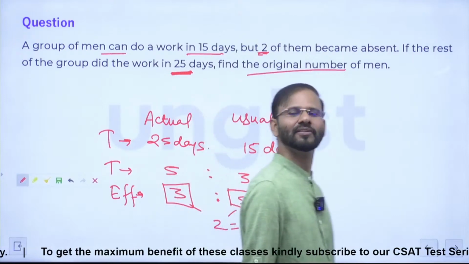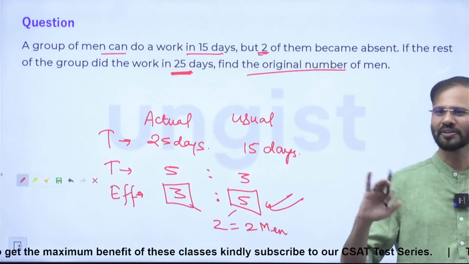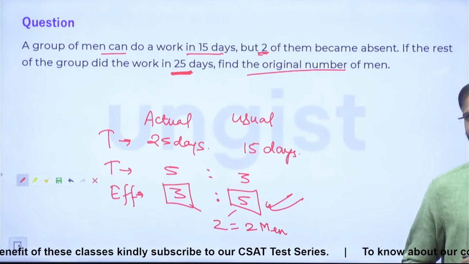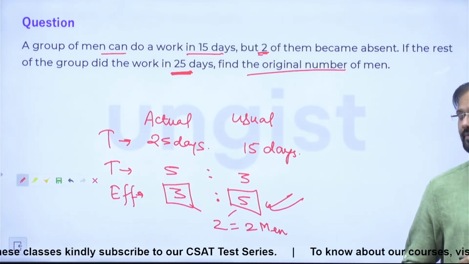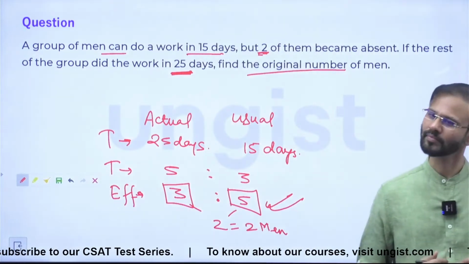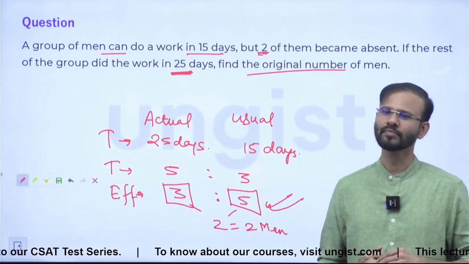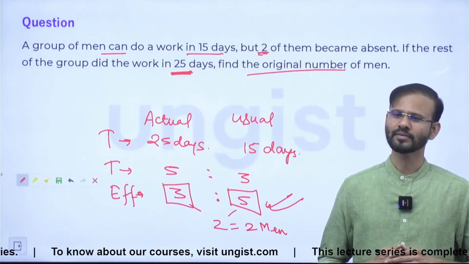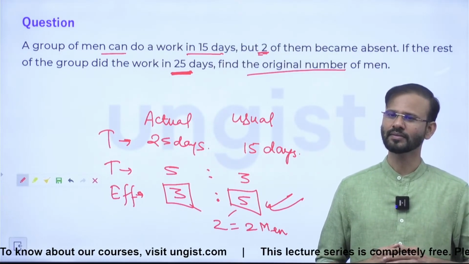Vishali, you want to say something? You are not convinced, I think. I was like, suppose 15 days, the group of men take, and 2 of them become absent. So 15 minus 25 comes 10 days. And if we say that 2 men do it in 10 days, so 1 man does in 5 days.